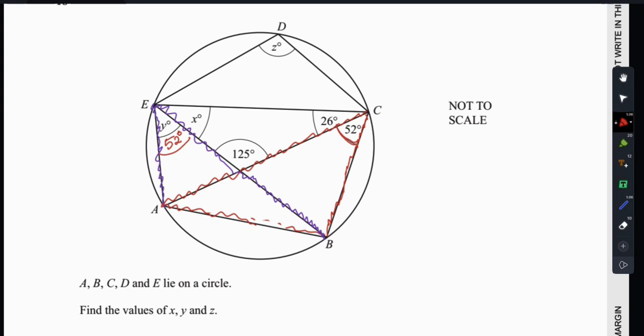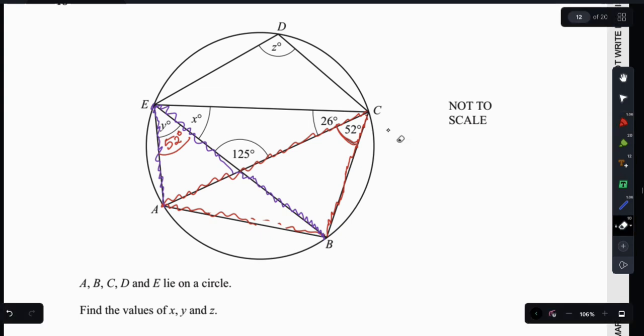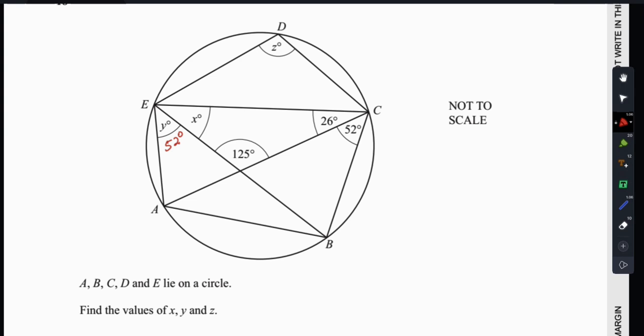What else can we see here? If you check closely again, let me clear these lines. I have 52 there, so we already know this is 52 degrees. Again, there is a chord here, this chord AE. You can see AE is carrying this angle, right? If you go all the way to the circumference there, there's this angle here, it's 26 degrees.